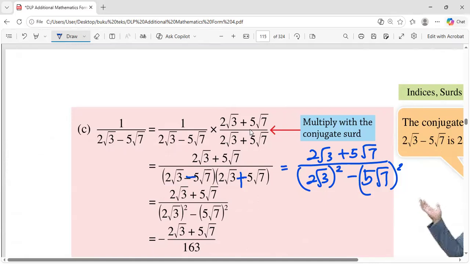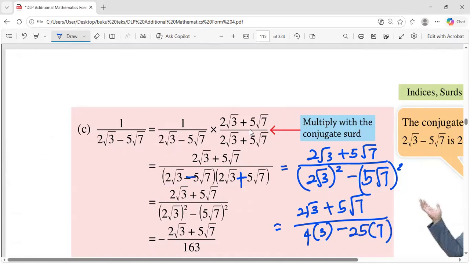So A minus B times A plus B becomes A square minus B square. Same thing, you just copy it for the numerator. So this one will become 4 and this will become 3, so minus 25 times 7. Then I will get the answer.